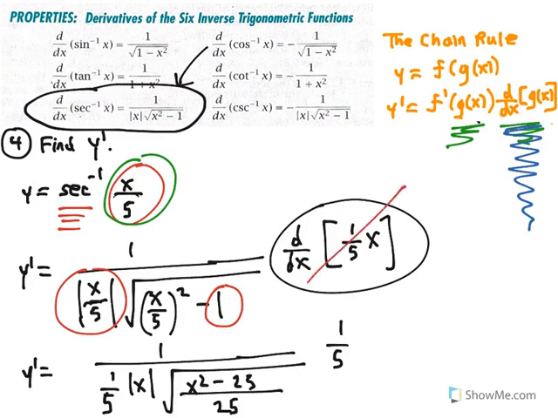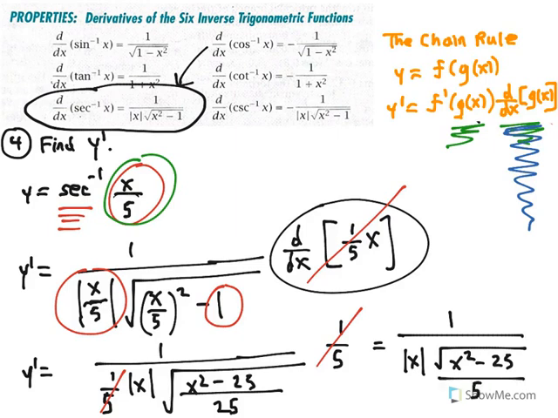And then you're able to cancel this derivative, the 1/5, with the 1/5 in the denominator, giving you y prime is equal to 1 over the absolute value of x over the square root of x squared minus 25 over the square root of 25, which is, of course, 5.